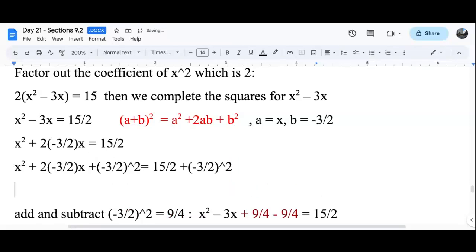Right? Then what do we get? We get x minus, well, what's b? Negative 3 over 2, right? Negative 3 over 2 squared.